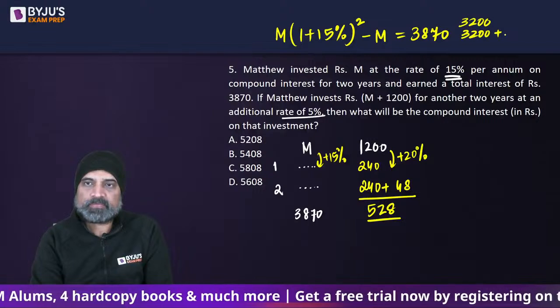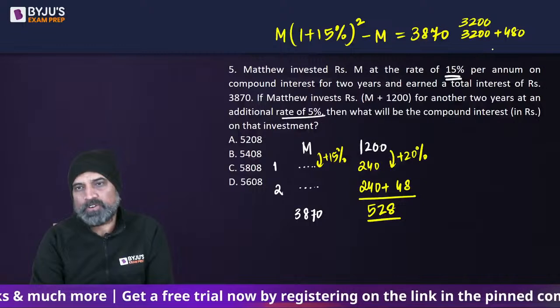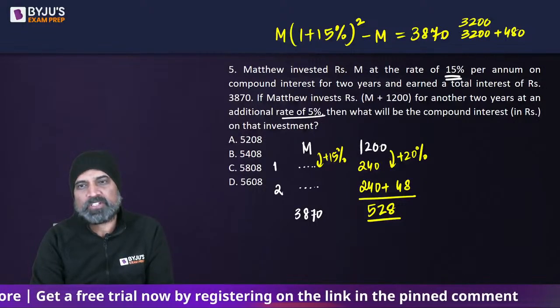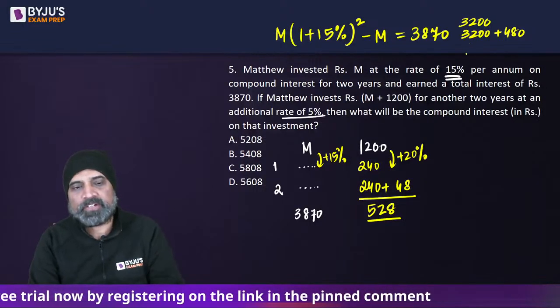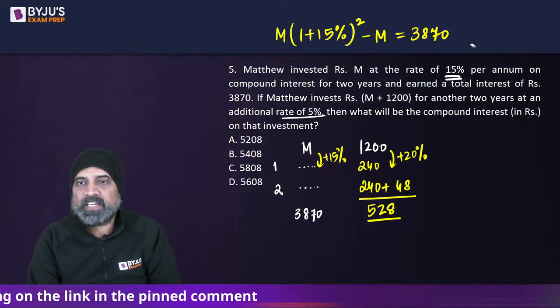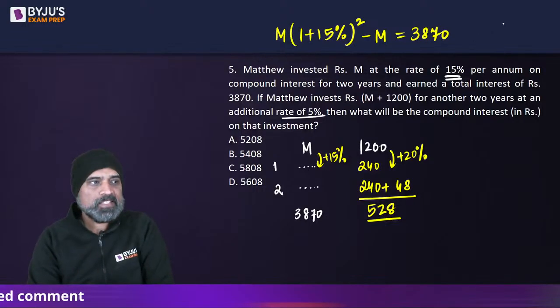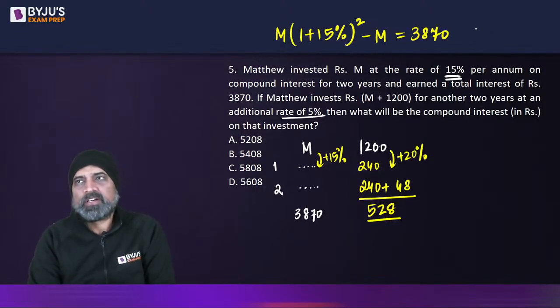No, we are not going to get 3,870 that way. If I break down 3,870 as 3,200, 3,200, that doesn't work. What if we take 1,600? 16, 16, 32. No. What if we take 1,800?